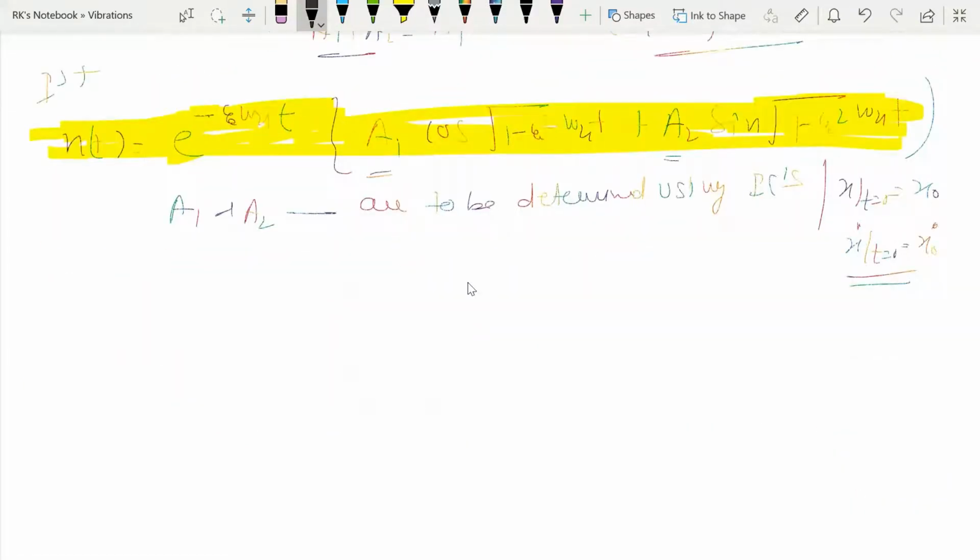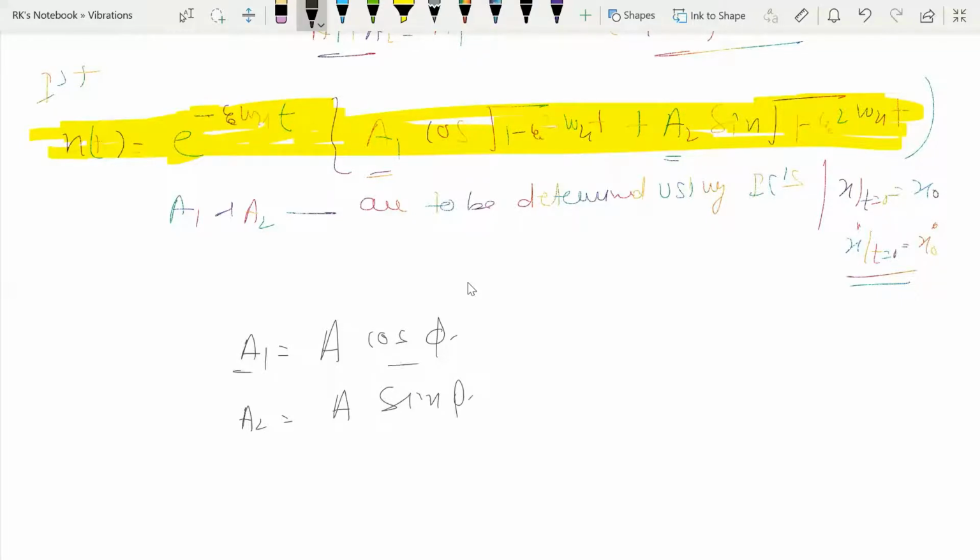So A1 can be represented as A cos phi, and A2 can be represented as A sin phi, right?